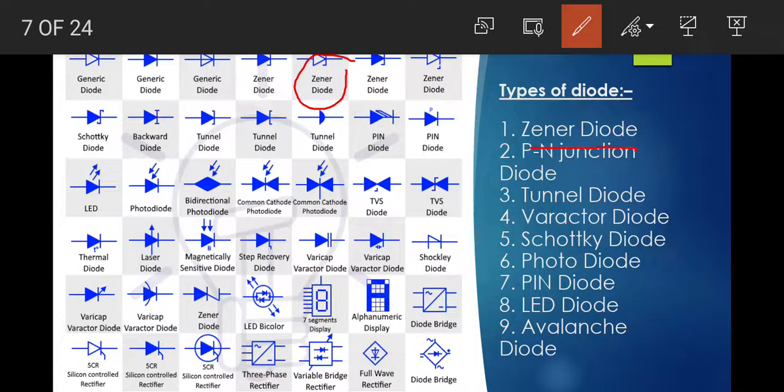If this symbol is there, then we understand it's a Zener diode. We also have the PN junction diode, which has a different symbol. The LED has this type of symbol, the TVS diode has this symbol, and the Schottky diode has this symbol. Different diodes have different symbols. The chart is given here, you can check it.